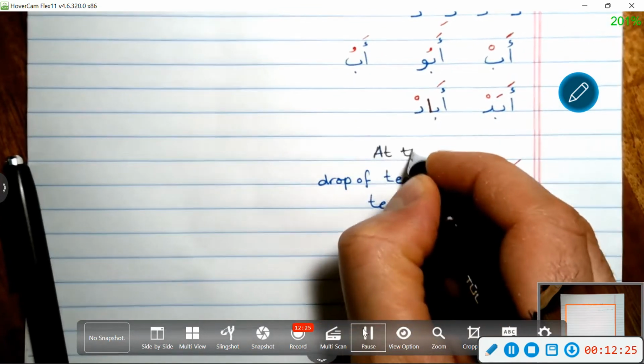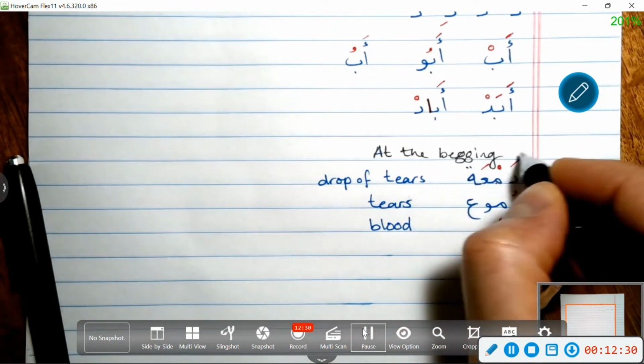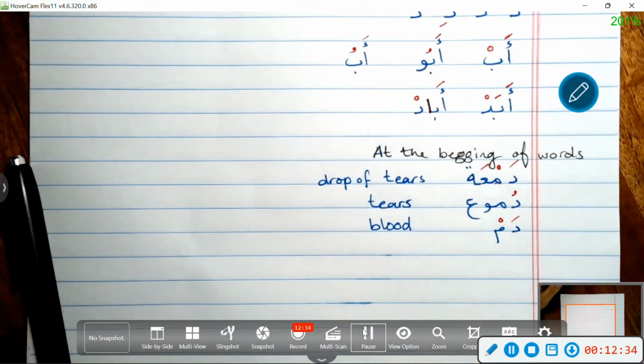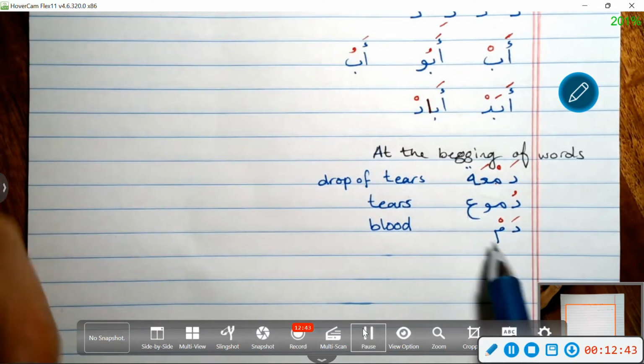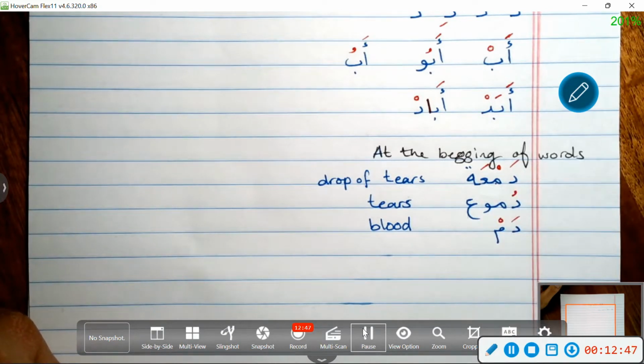At the beginning of words. So we have دمعة, دموع, dam. And as we see, dal does not connect with meme because dal don't connect to the letter that comes after it.